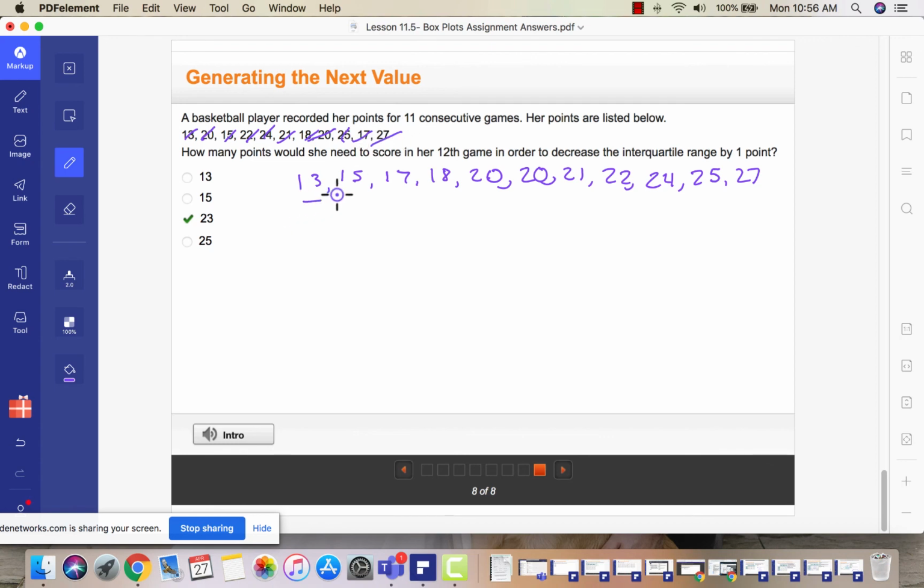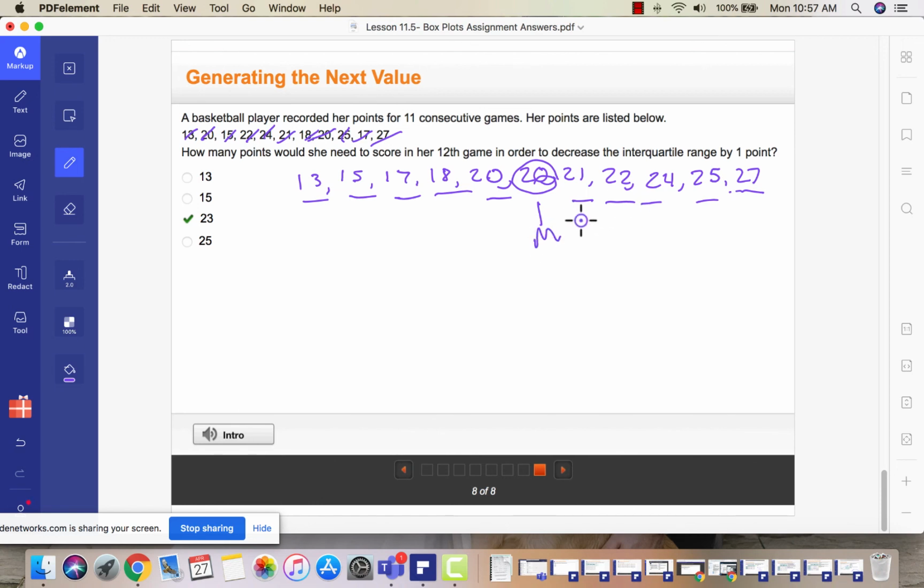All right, so we're going to find our median, which is the middle number, which will be 20.